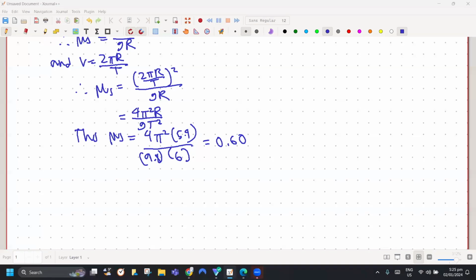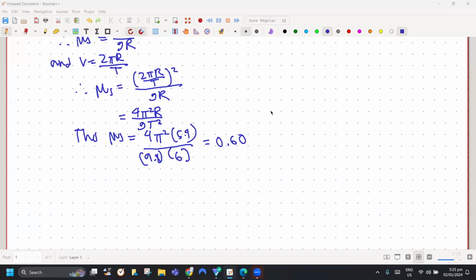Teka, 9.8 times 6. Yeah, pag kinalculate ko yun, 4 pi square times 5.4 divided by 9.8 times 6.